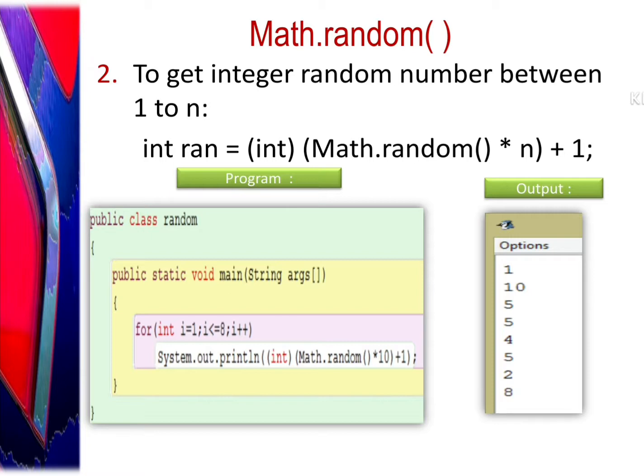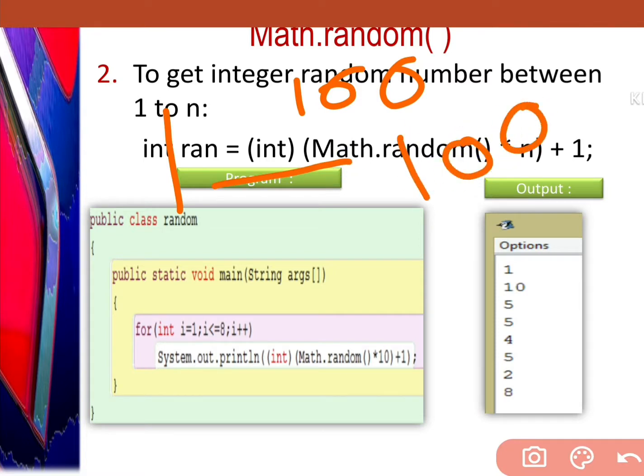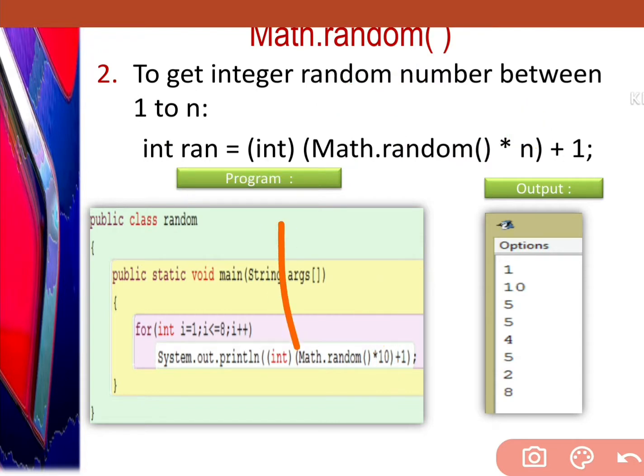If n is 100, meaning you want a number from 1 to 100, you just have to write 100 in place of 10. You fill in any value here.